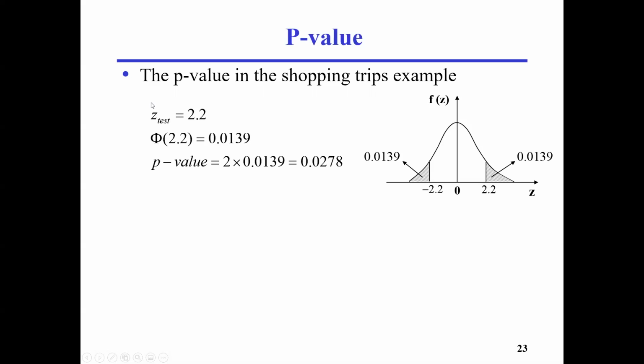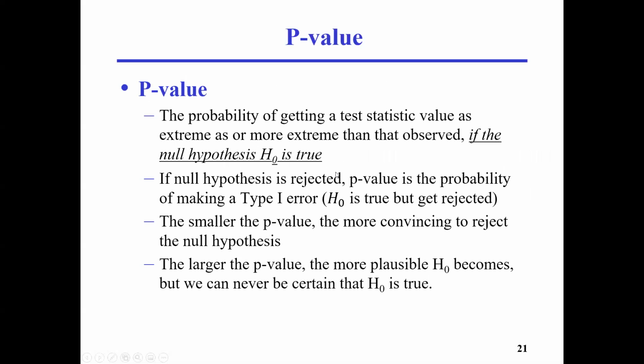Okay, so what does this mean? It means that when your z-test value is 2.2, this is the probability that you are going to make a type 1 error, which is very low. Okay, let's get back a little bit. If the null hypothesis is rejected, p-value is the probability of making a type 1 error.